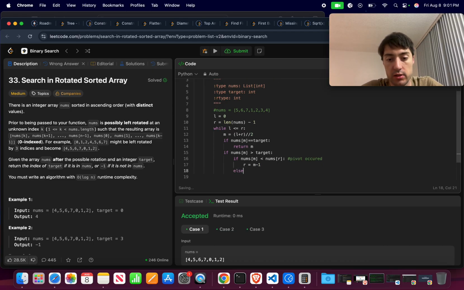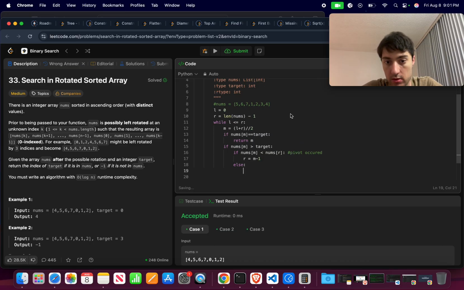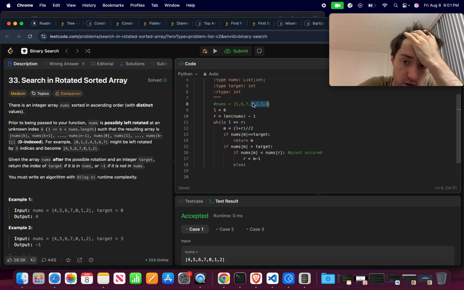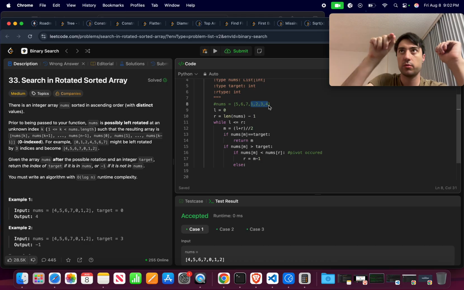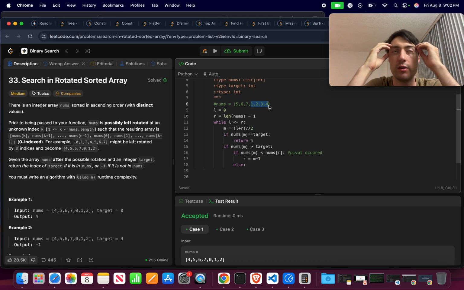Now the other case is that the pivot occurs in this section, and therefore I need to determine: do I delete this side or do I delete this side? This is going to have some kind of break in it because it has a pivot.